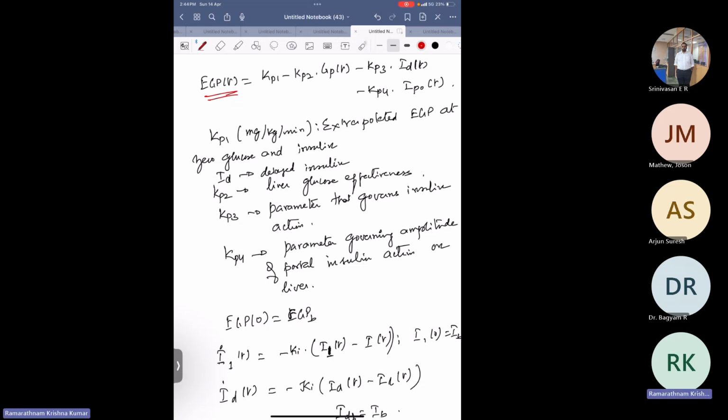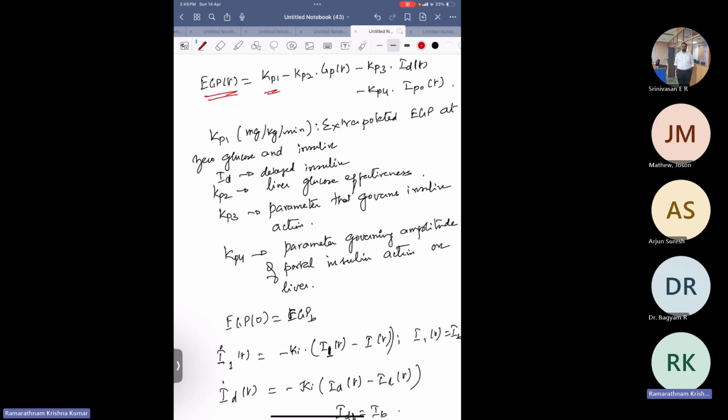Again, the same thing: something going out, something coming in. So KP1 is the extrapolated endogenous glucose production at zero glucose and insulin.